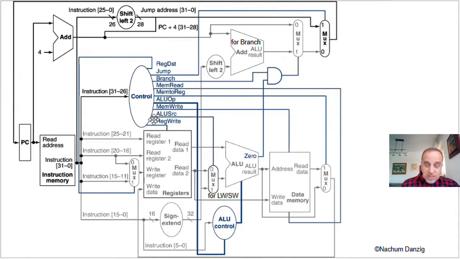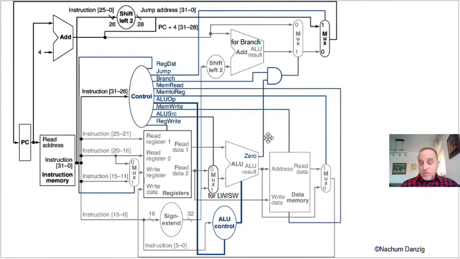Basically, the instruction opcode, which is instruction bits 31 to 26, the leftmost bits, is going to tell the controller what command it is. And based on that, it will know what lines here to turn on and what to turn off.